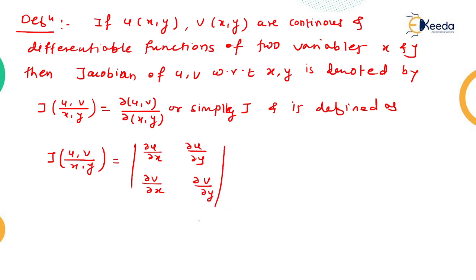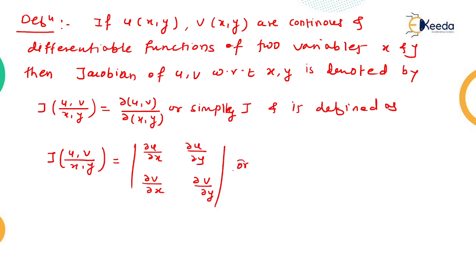Because u and v are functions of two variables, we differentiate u with respect to x and y and differentiate v with respect to x and y. You observe this is a 2 by 2 determinant. In the first row you write the partial differentiation of u with respect to x and y, and in the second row the partial differentiation of v with respect to x and y.